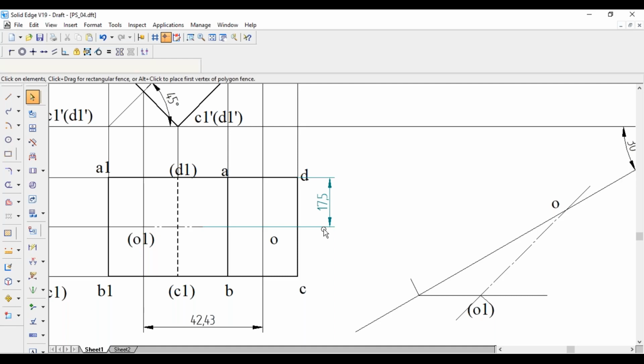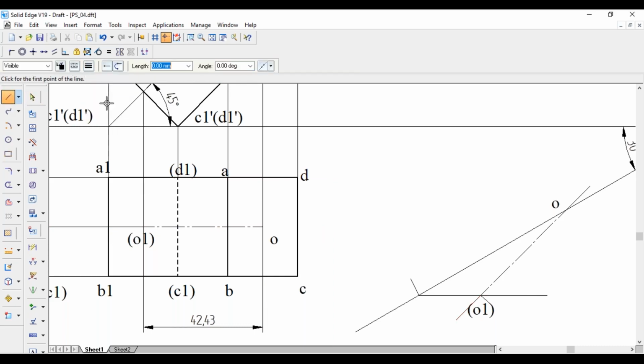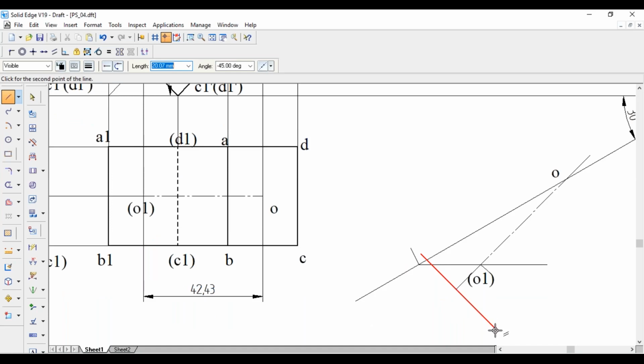Now from O1 we have got this point. So from this point, perpendicular to this O1 line, draw a line of length 17.5, that is half of 35 mm. Similarly below also, 17.5 mm.